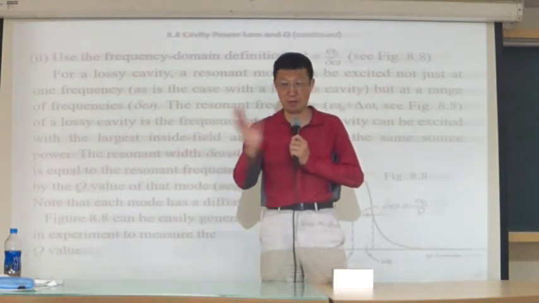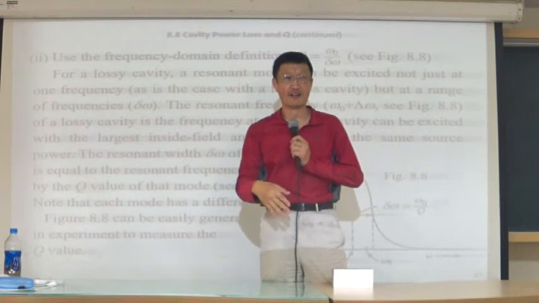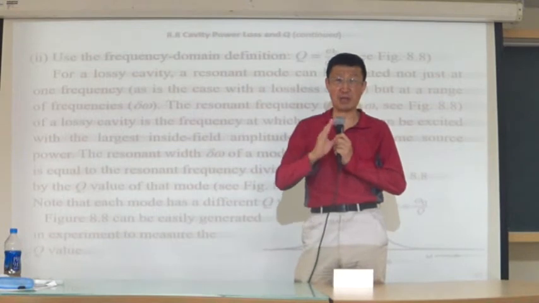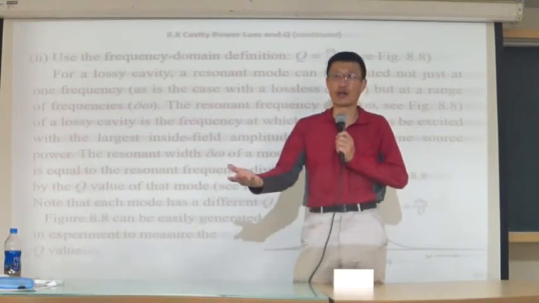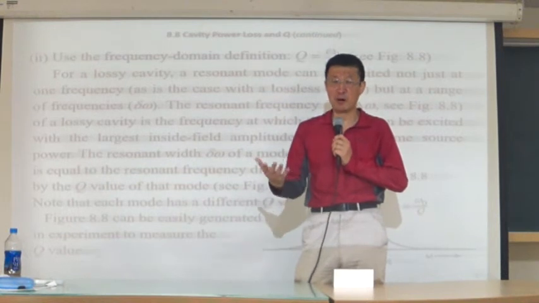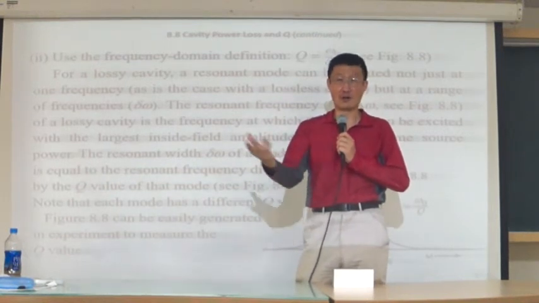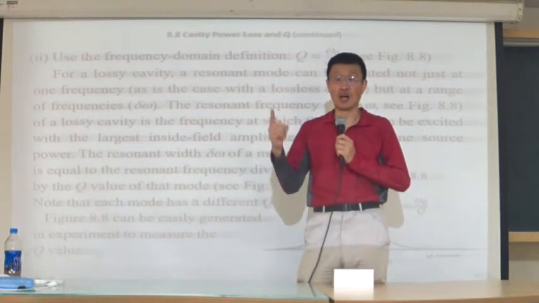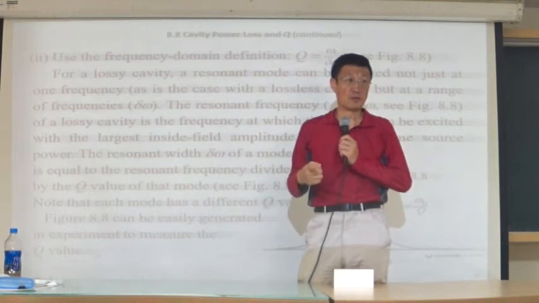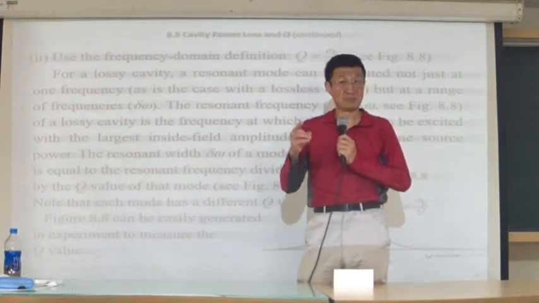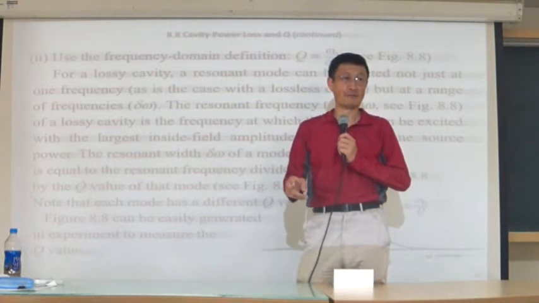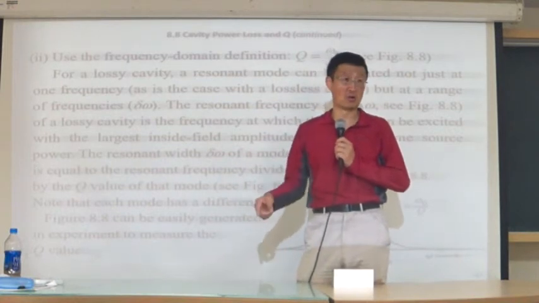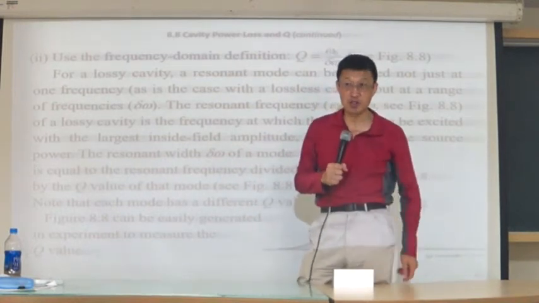The frequency is jumping, not constant. Your home microwave oven's frequency jumps around randomly. So what? The purpose is to heat the food. Jumping frequency doesn't matter. It can heat. So in that case, you need a low quality factor. Okay? So it depends on what you want. Sometimes you need a very high Q. Sometimes you need a low Q. It depends on your purpose.